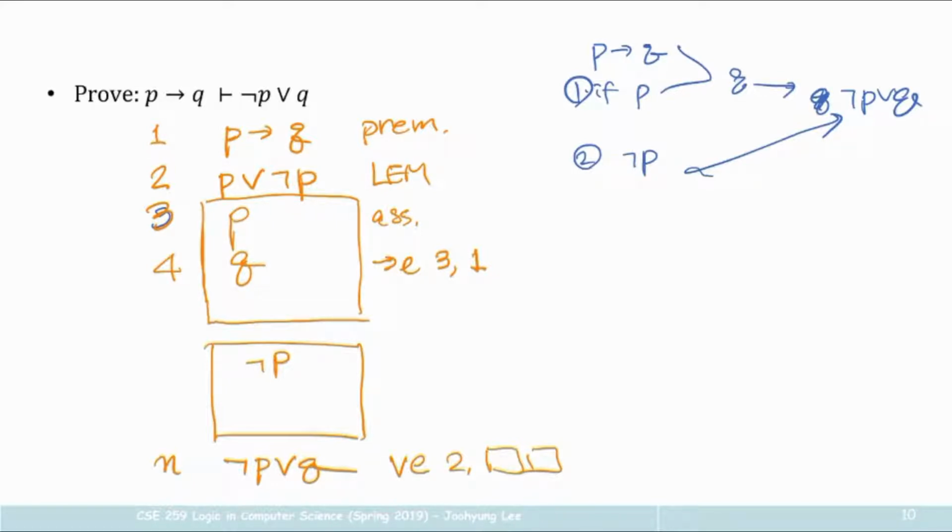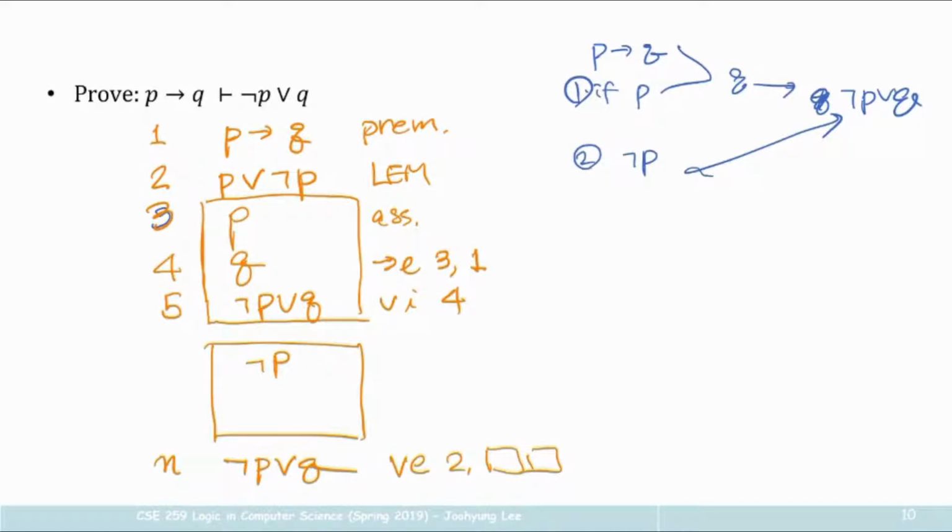I know P is true, and also P implies Q is true, so I can derive Q here. Okay? And once I have this, I can use OR introduction for line 4. So we proved not P or Q. Okay, so in case 1, we proved not P or Q.